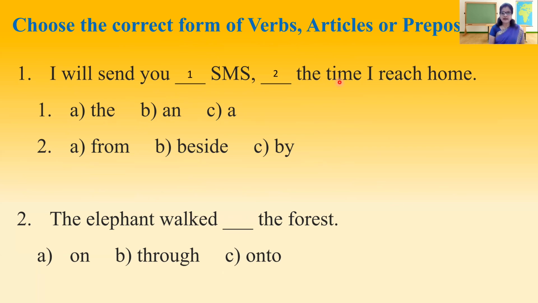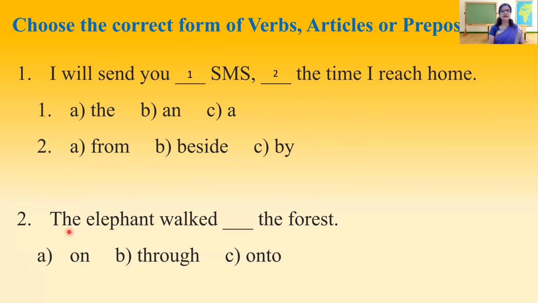Second, dash the time I reach home. From, beside, by. So by the time I reach home. Here, by is used to indicate the latest time. I will send you an SMS by the time I reach home.